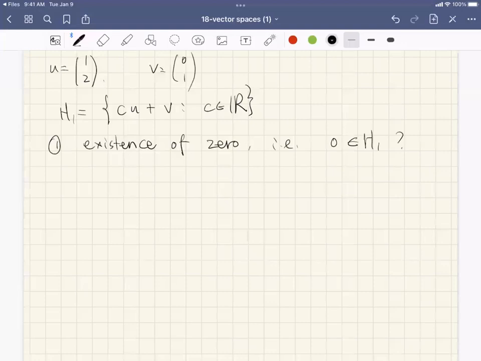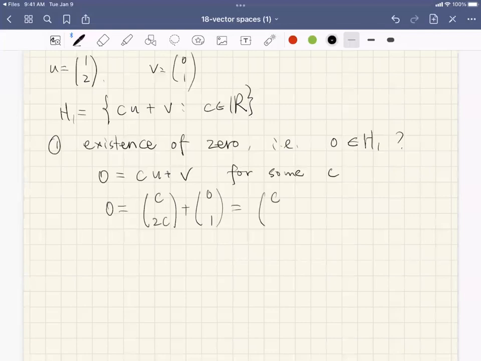If this exists, 0 has to be given in the form of Cu plus V for some C. Then Cu is (C, 2C), plus V, which is (C, 2C plus 1).